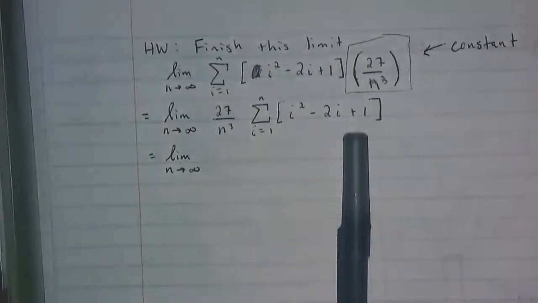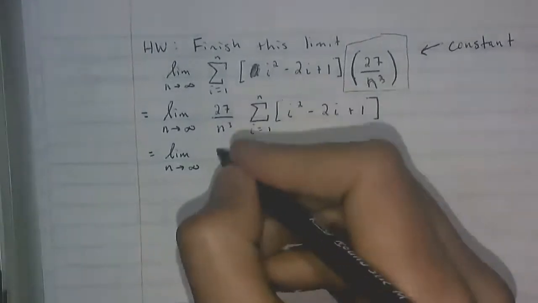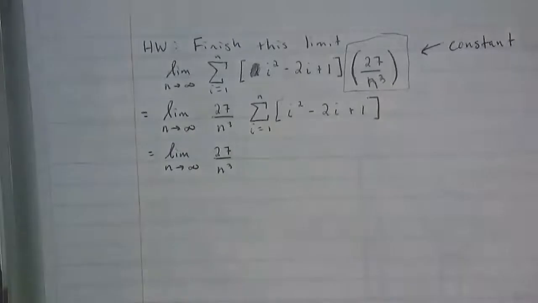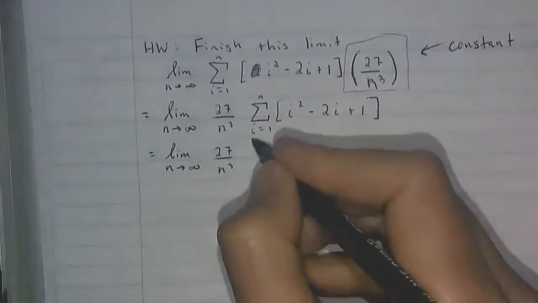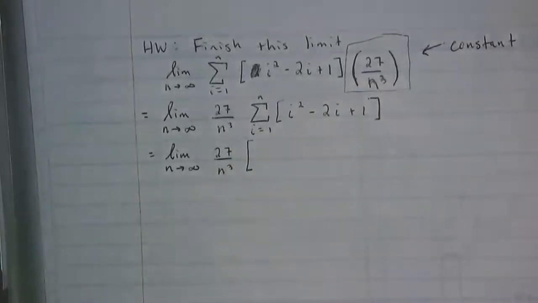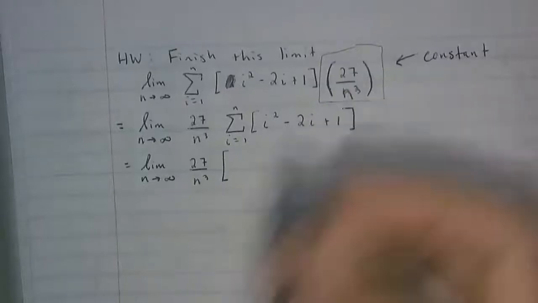Formulas on page 349. And we're going to break this apart. This is 27 n cubed times... no, we're going to show the intermediate step where we break this into 3 individual sums.